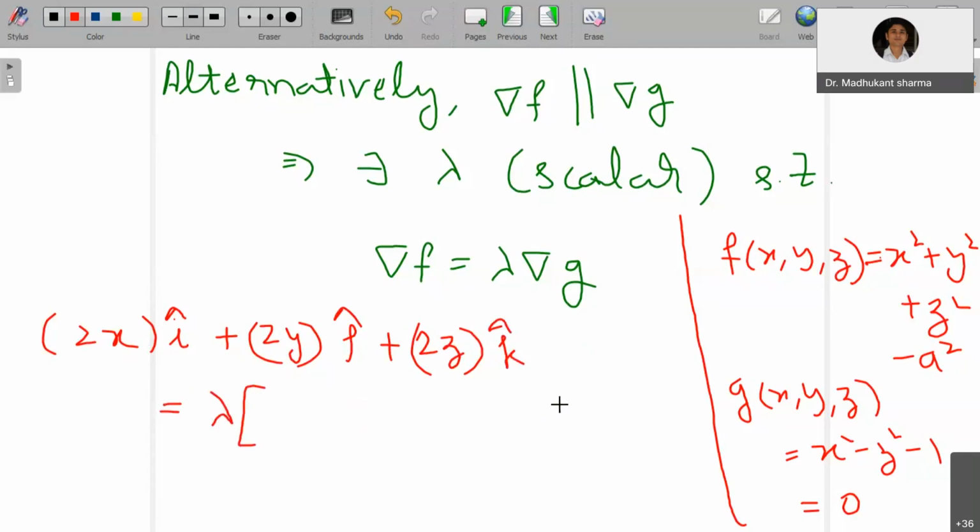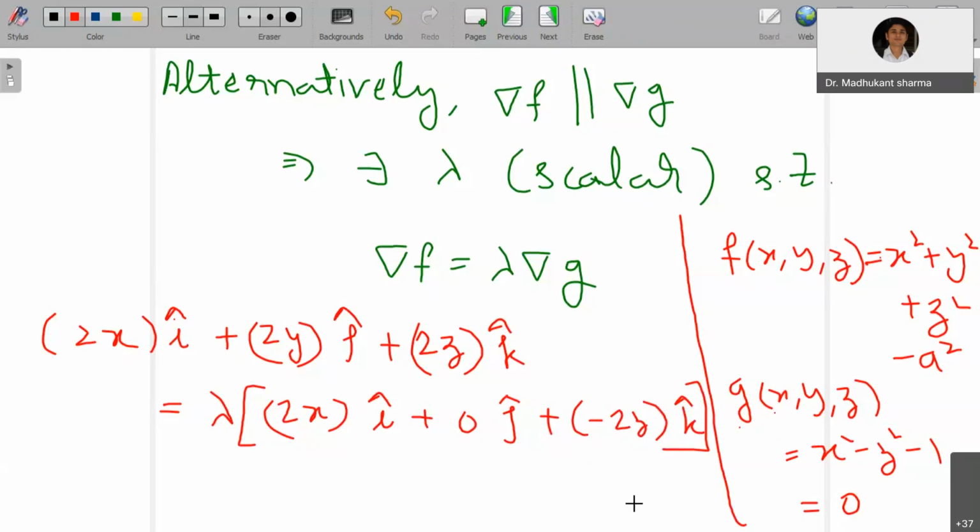So g with respect to x is 2x i, plus g with respect to y is 0, g with respect to z is minus 2z. Now you can compare both sides.